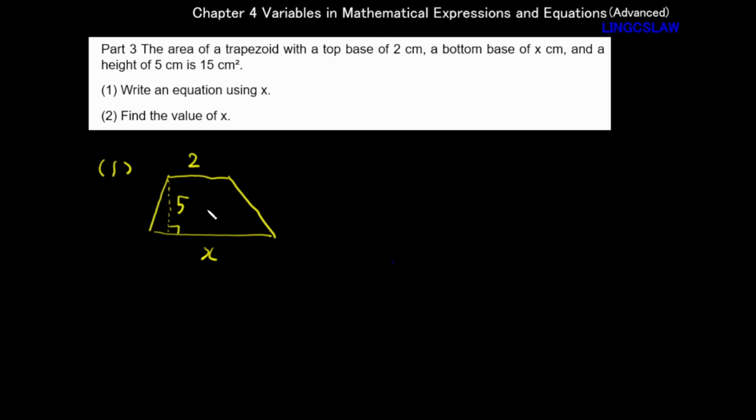So this area is, if you write down another figure, which is the inverse of this one, you will get a parallelogram, and this parallelogram's area is 2 plus x times 5.